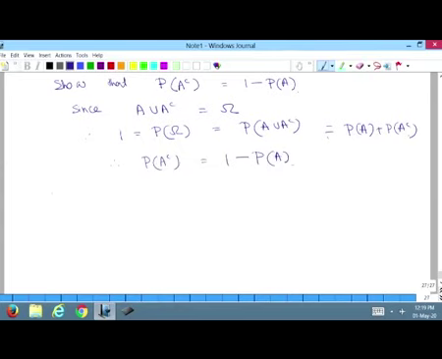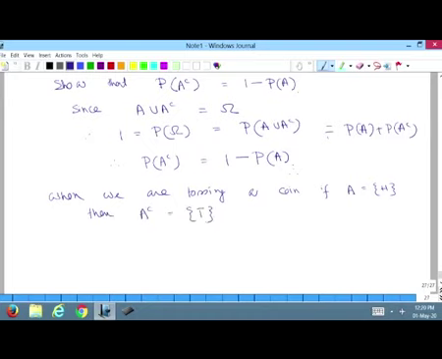Therefore, when we are tossing a coin, if A is equal to getting a head, then A complement is equal to getting a tail.